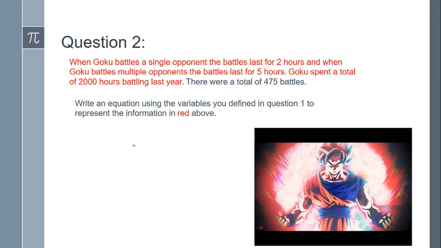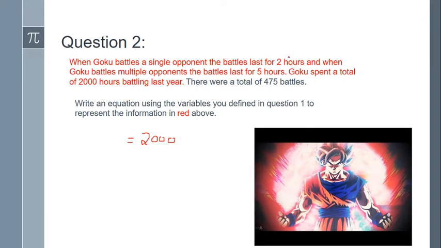So right away we know the total hours. That tells me that something is adding up to 2,000. It's all the hours that he spent battling single opponents and all the hours that he spent battling multiple opponents.